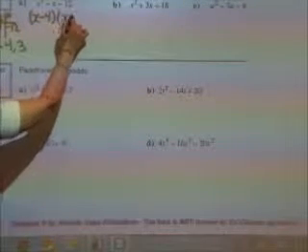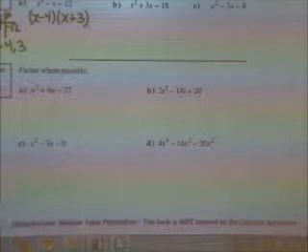What are two numbers that multiply to negative 12 and add to negative 1? Negative 4 and 3. So then my binomials would be x minus 4 and x plus 3, or x plus 3 and x minus 4.